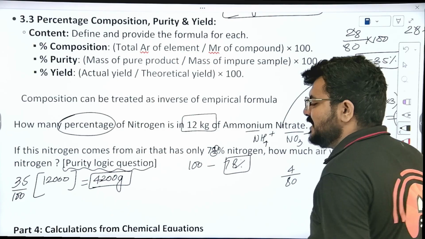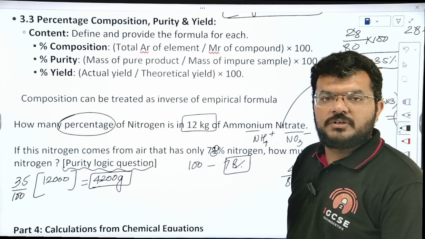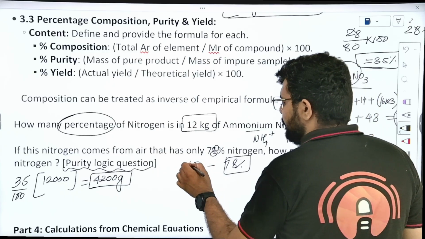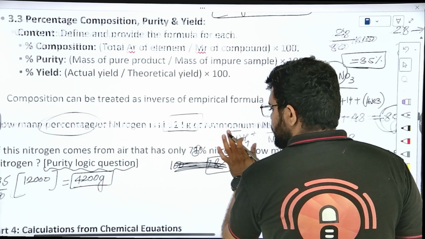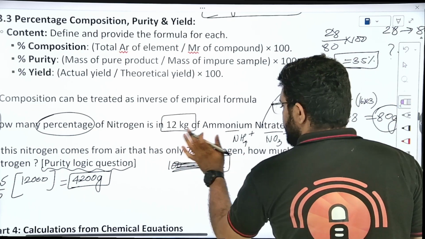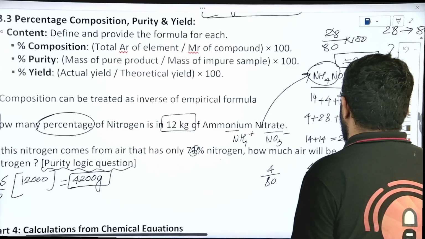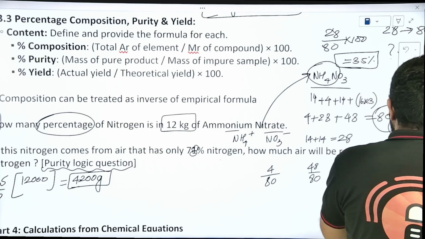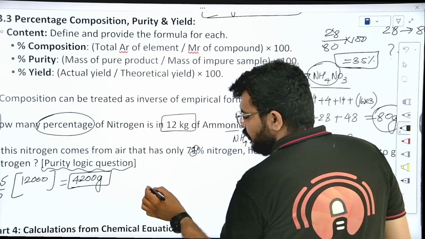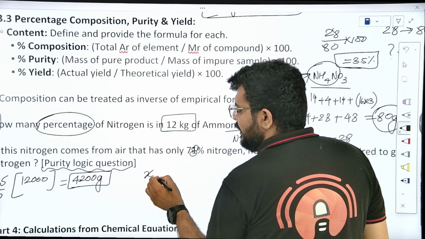So if I extract nitrogen from air, I expect to get only 78% nitrogen, right? Now let's erase this. The question is that if only 78% of air is nitrogen, how much air is required? Now let's calculate it like this. Let's say the total air is x grams.